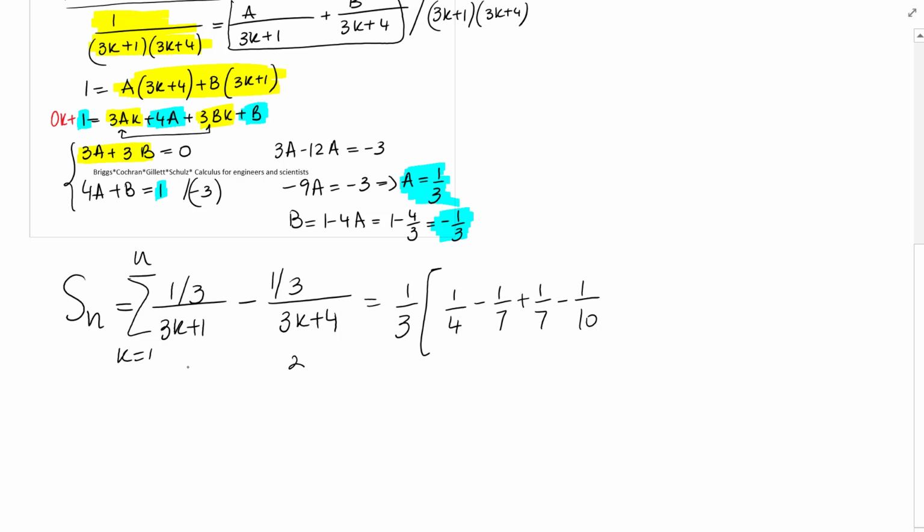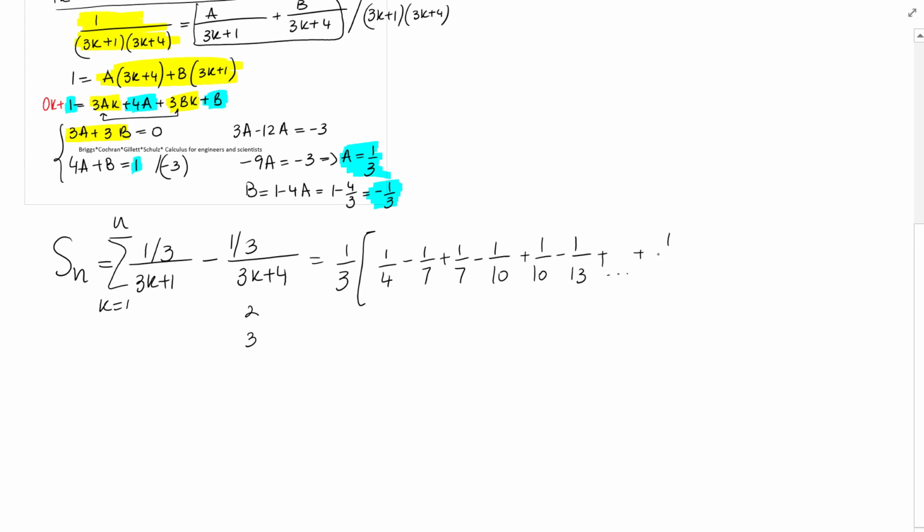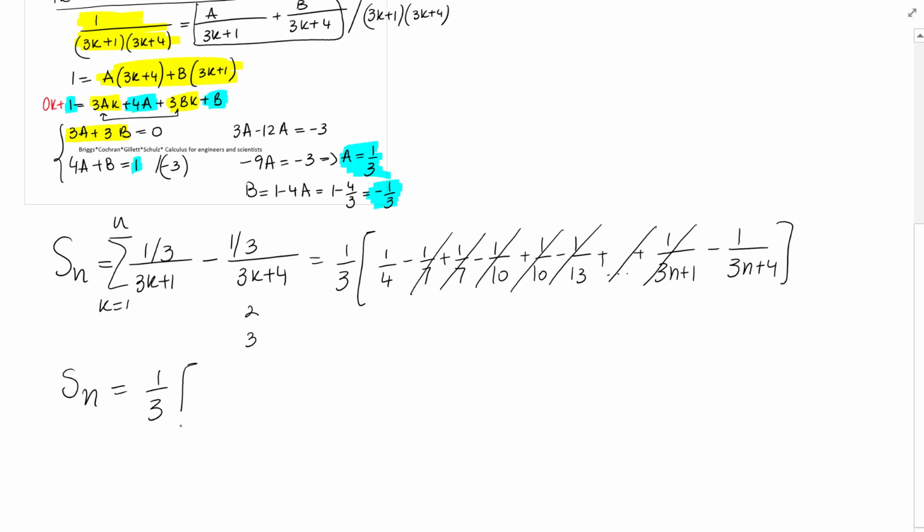If k equals 3, I get 1 over 10 minus 1 over 13, and so on. And let me put the n term, 1 over 3n plus 1 minus 1 over 3n plus 4. So this cancels, and this one cancels with the one before, so S sub n is 1 over 3 times 1 over 4 minus 1 over 3n plus 4.